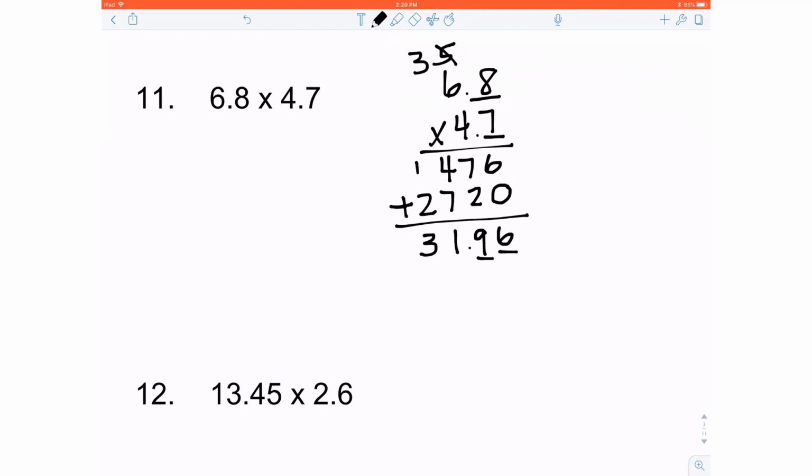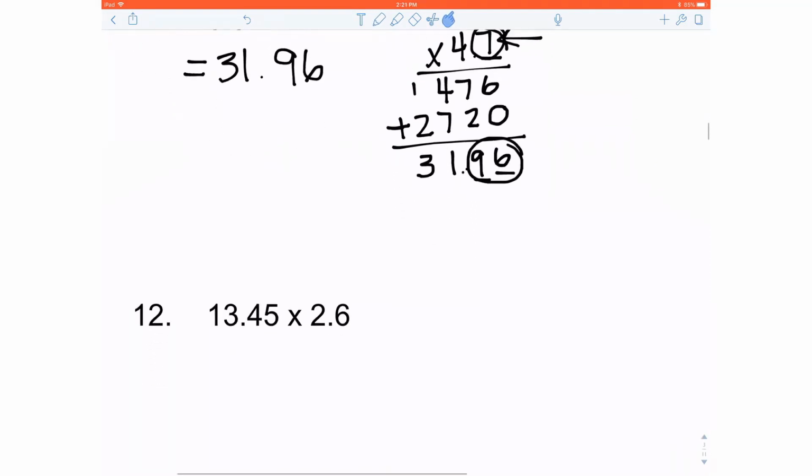So my decimal point goes there. So the answer to this is 31.96. Because if my question has two numbers behind the decimal point, then my answer will also have two behind that decimal point. Okay? I hope that makes sense.